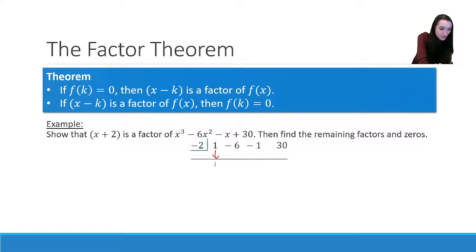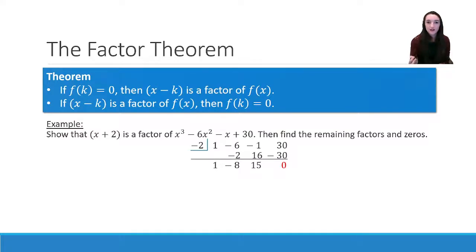So we bring down our 1. Then we multiply by negative 2. We add to get negative 8. Multiply by negative 2. Add to get 15. Multiply by negative 2, and now we're at negative 30. Add, we get 0, and that's what we wanted. So that tells us that f of negative 2 equals 0.